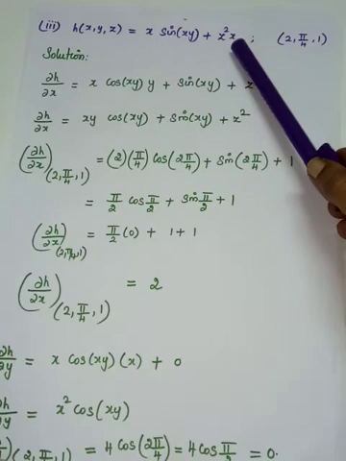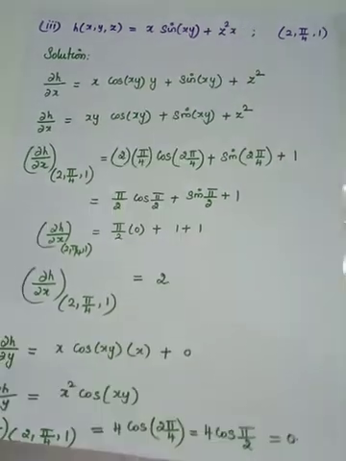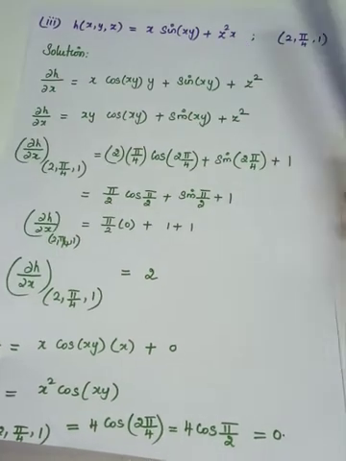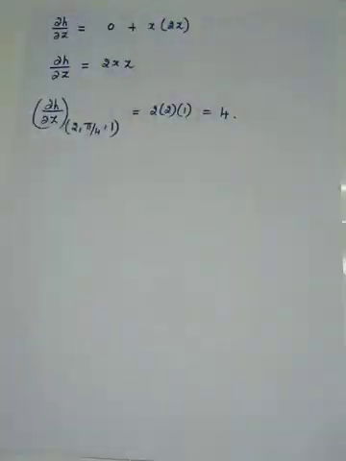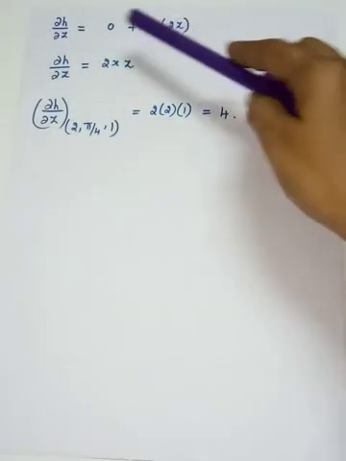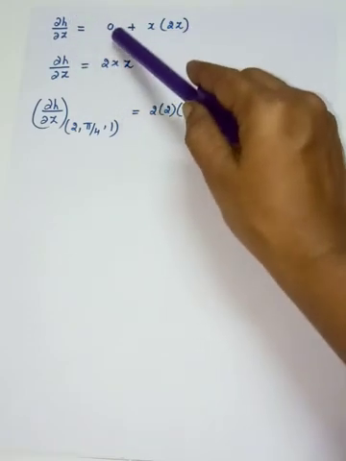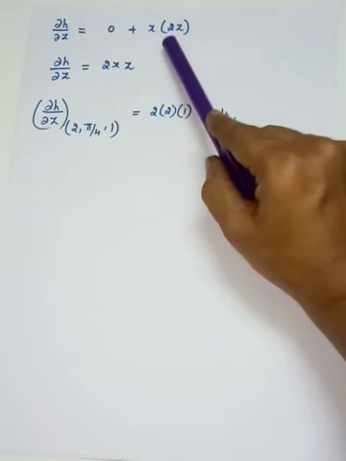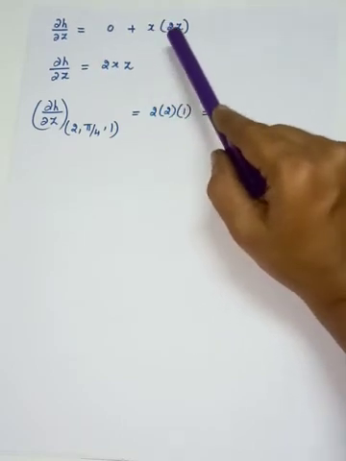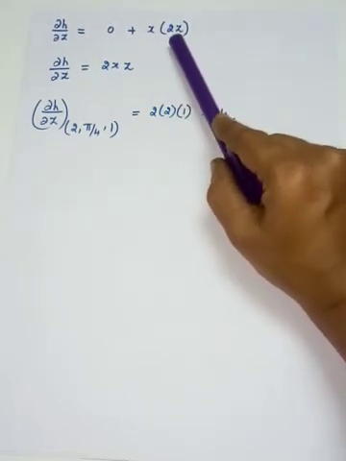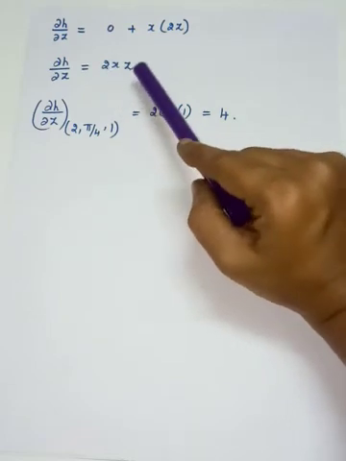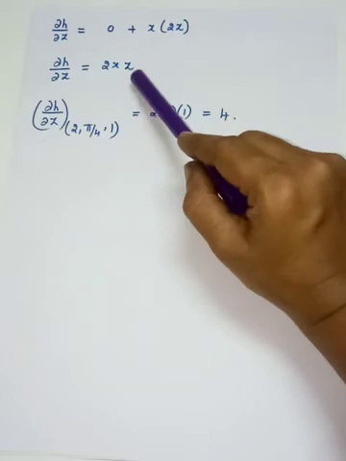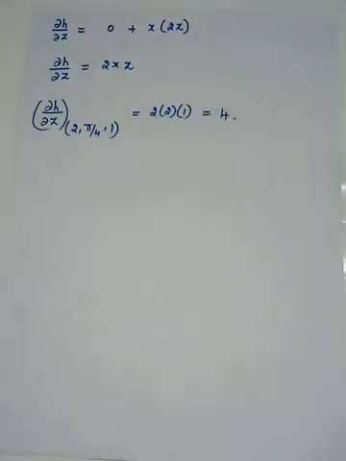Come to the second term, you are having z squared, so here x is a constant, x has to be taken out. The z squared differentiation is 2z. So dou h by dou z, first term is 0, the second term differentiation is x is a constant, z squared if you differentiate it is 2z, so it is 2xz. When you substitute here, in the place of x it is 2, in the place of z it is 1, so the answer is 4.